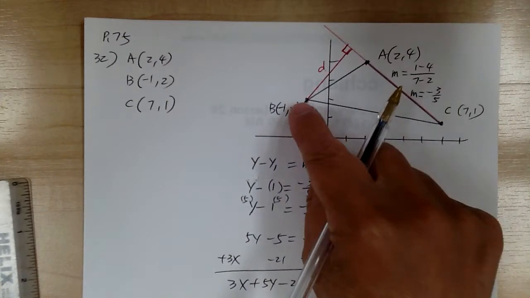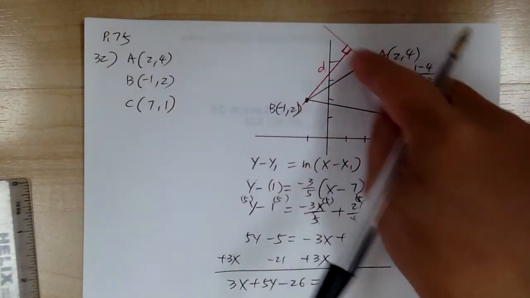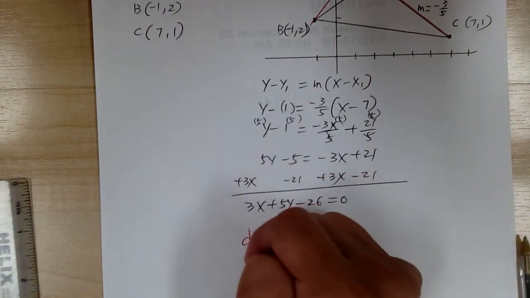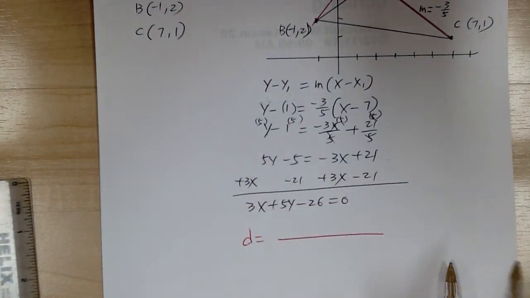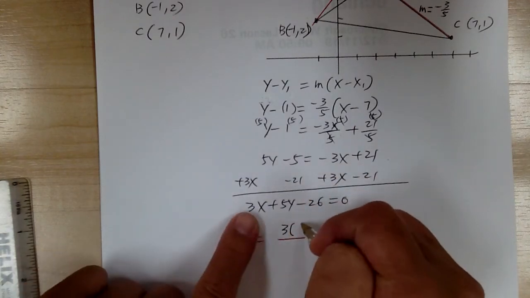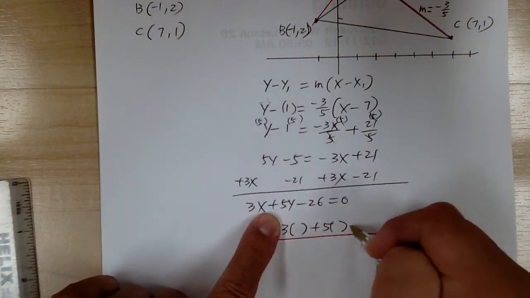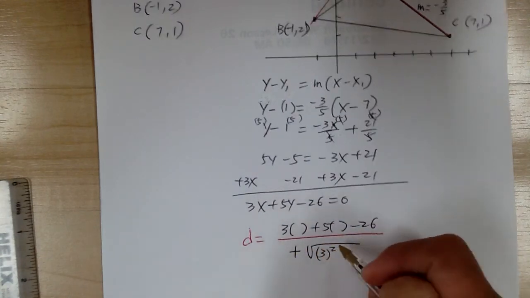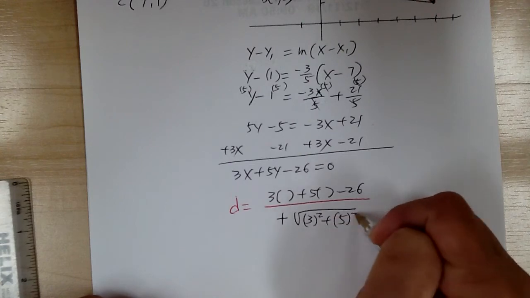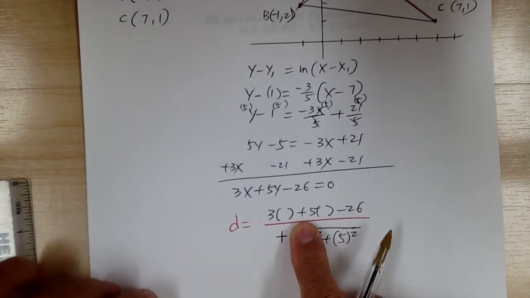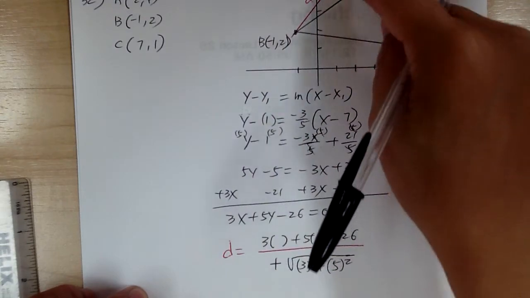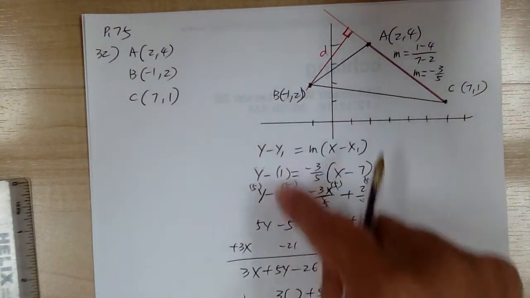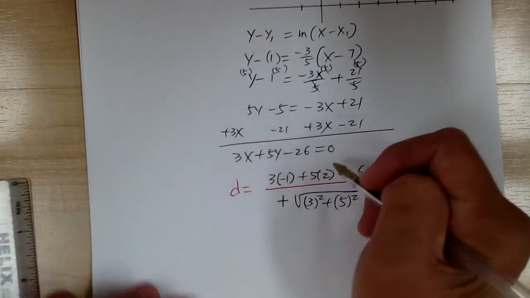Then to find the distance, I'm going to use the point and the equation. So the distance that I need to get would be 3 times parentheses plus 5 times parentheses minus 26 over plus square root of 3 squared plus 5 squared. Since I'm using the point and the line, I need to put this point in here, so negative 1 and 2.